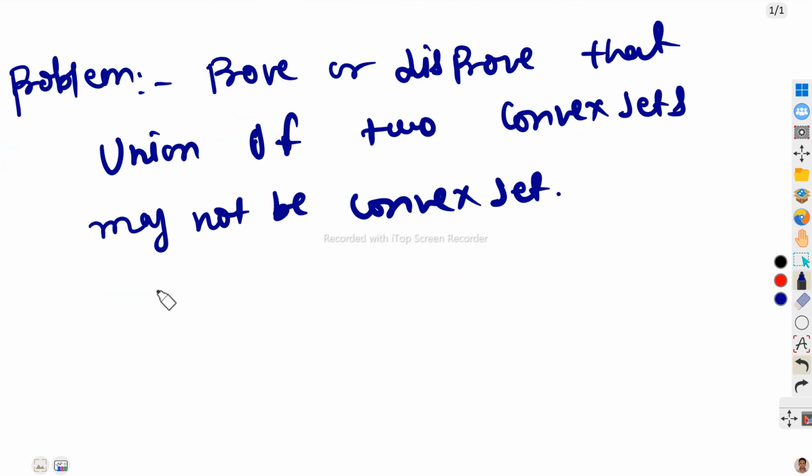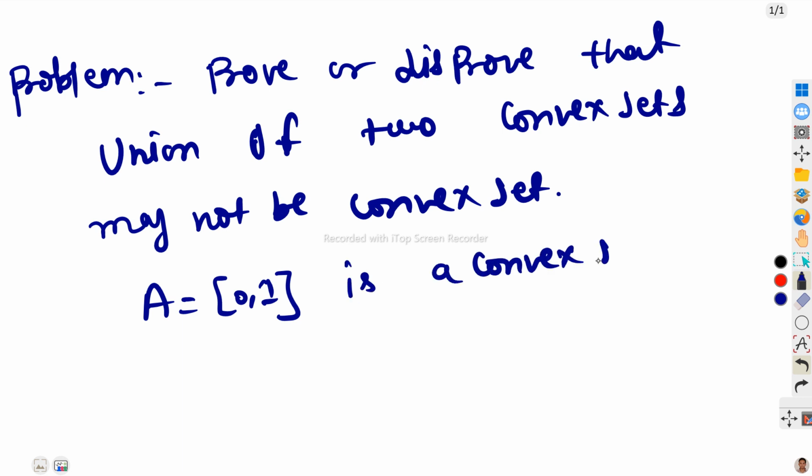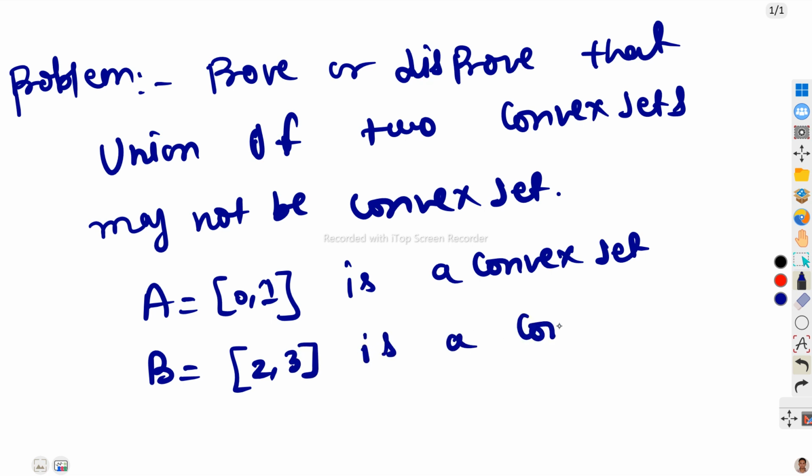First of all, take two convex sets, A equals 0 to 1. This is a closed set, so this is a convex set. And B equals 2 to 3, which is also a closed interval of R, so it is also a convex set.